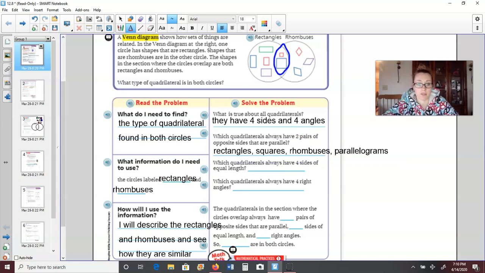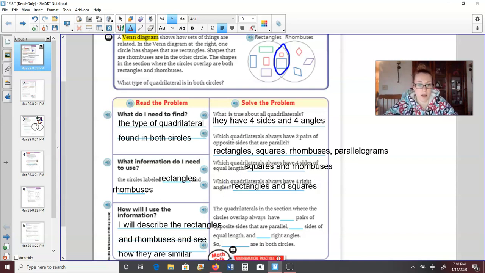Which quadrilaterals always have 4 sides of equal length? Okay, so the ones that always have 4 sides that are equal are squares and rhombuses. Which quadrilaterals always have 4 right angles? Rectangles and squares always have 4 perfectly right angles.